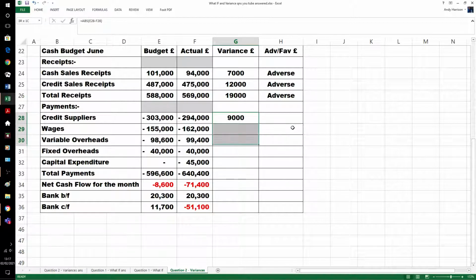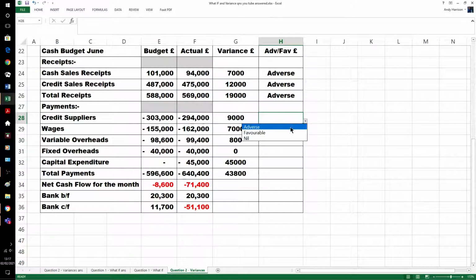We might as well go all the way down to our payments. We've got £9,000 difference, 7,800. We've got a nil on our fixed overheads, so our rent stayed the same. And then there's a capital expenditure. So this one is our only actual favourable. We've actually spent less money paying our credit suppliers. Our wages bill went up above expected.